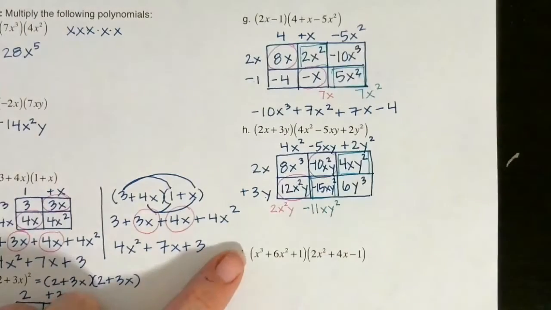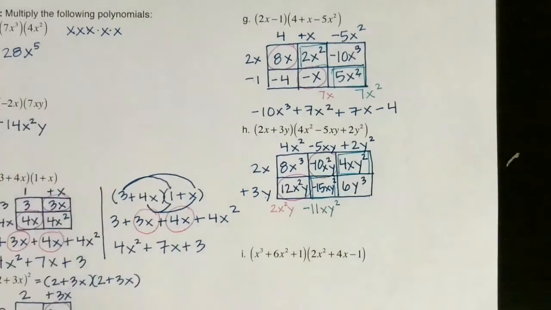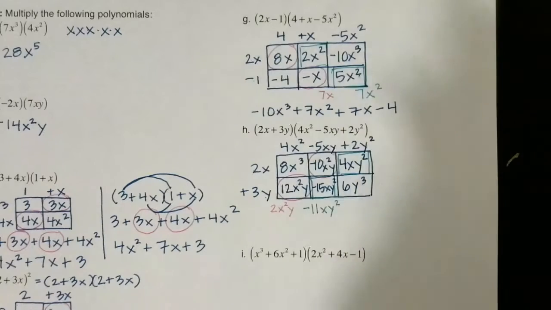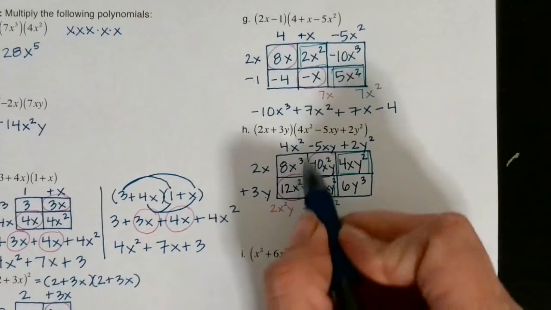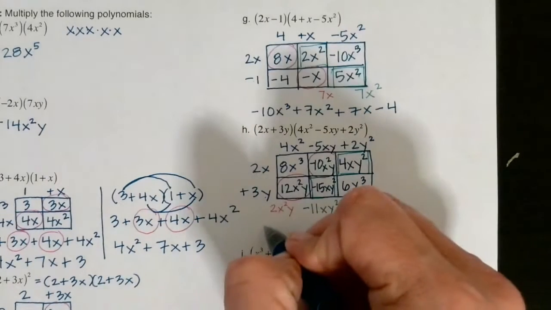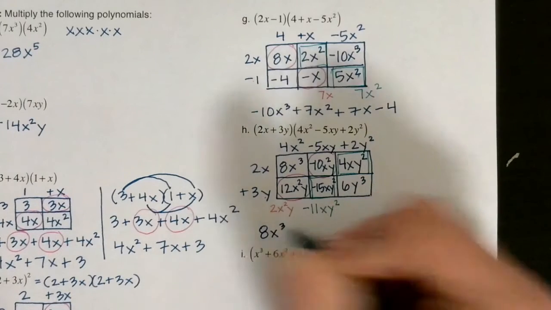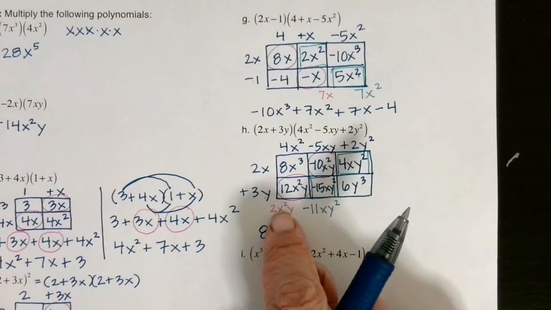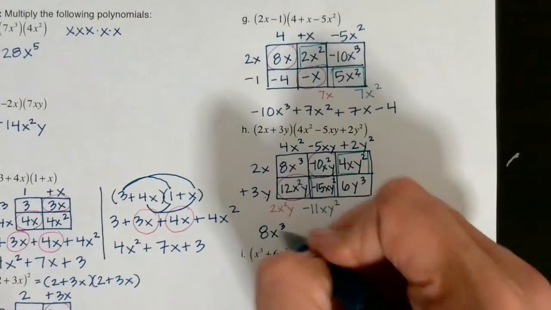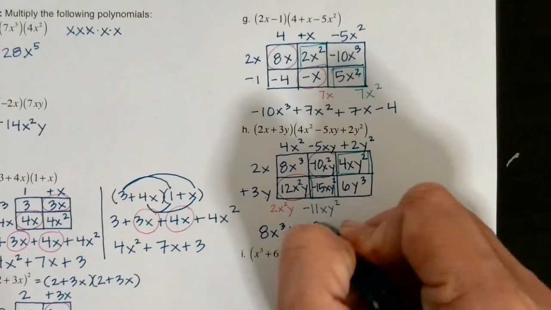So when I start, this is a little hard because you're like, descending order. We still do it by powers of x. So this one has the most powers of x, so it's going to be 8x cubed. Then this one has the next highest power of x, which is 2x squared y.